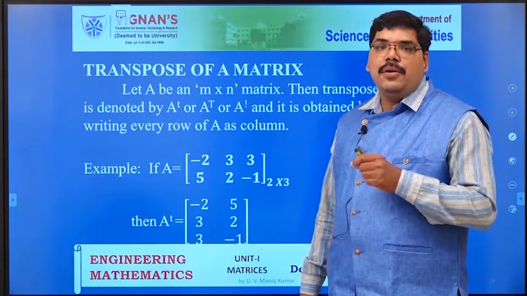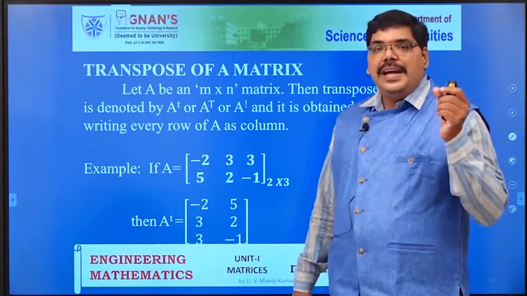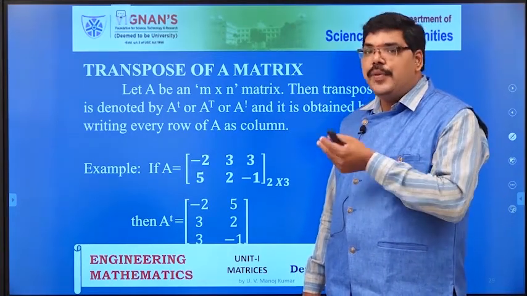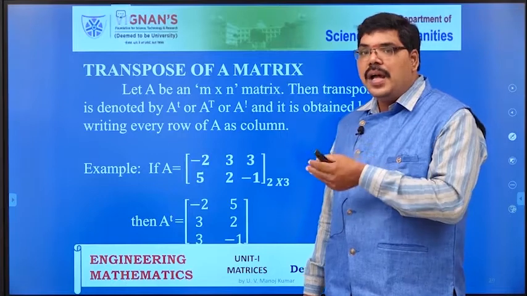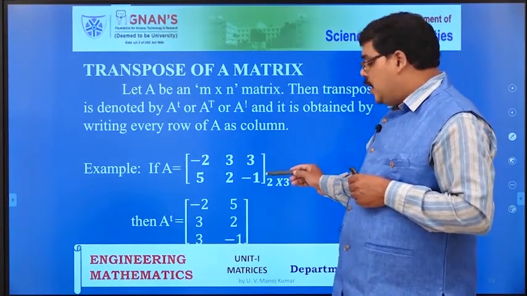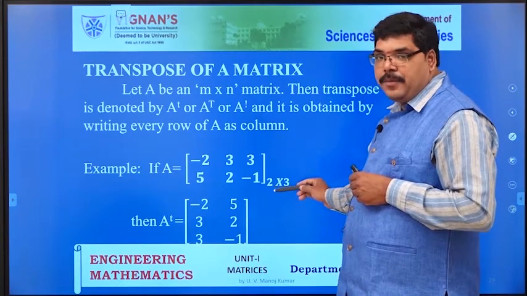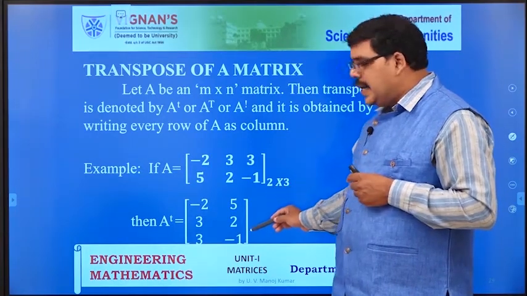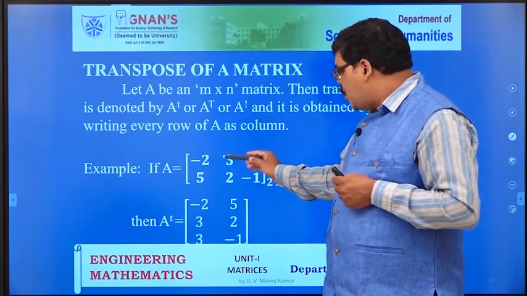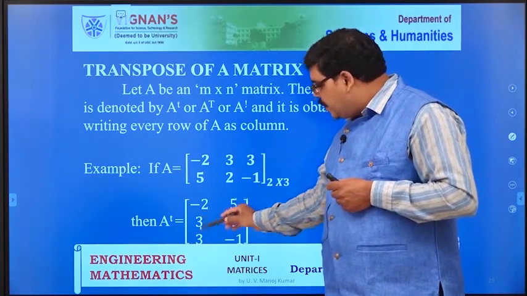Write the third row as a column. So every row of A is written as a column, then we get a new matrix which is called the transpose of A. Here we have a matrix of size 2 by 3 and its transpose is of size 3 by 2. See here, each row is written as a column.